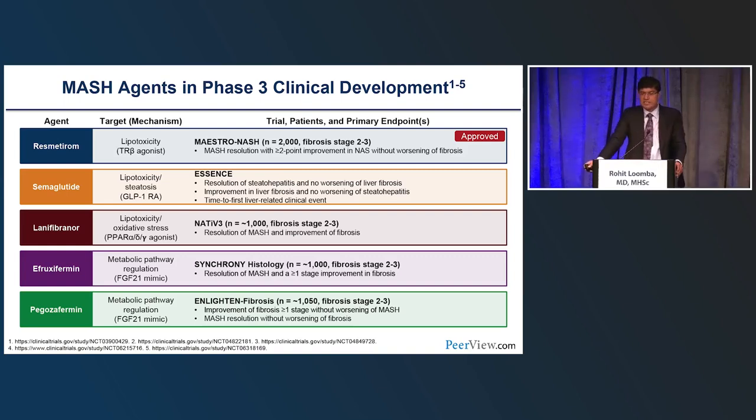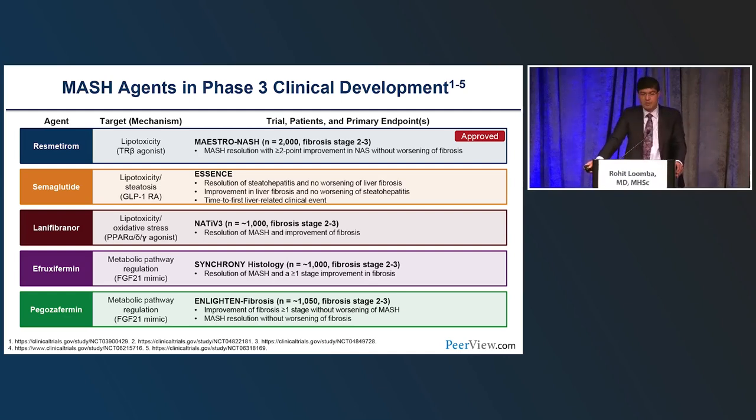These are some of the agents that are currently in phase 3 clinical development, with resmetirom having had a Subpart H approval, a conditional approval, for treatment of NASH with stage 2 or stage 3 fibrosis.